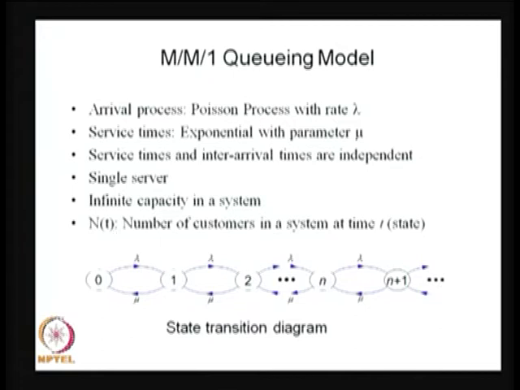The possible values of N(t), since it is a number of customers, are 0, 1, 2 and so on, countably infinite. Therefore, it is a discrete state, and since you are observing the system over time, it is continuous time. Therefore, this stochastic process is a discrete state continuous time stochastic process satisfying the Markov property based on these assumptions.